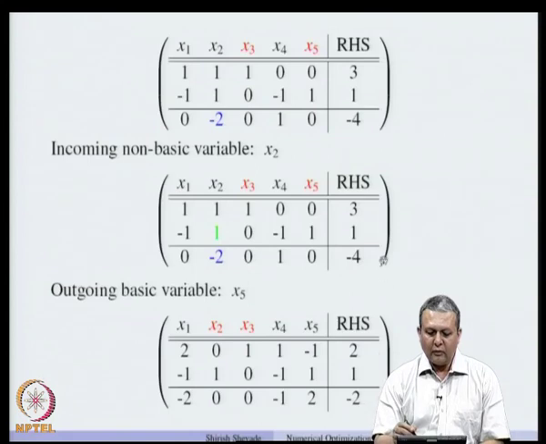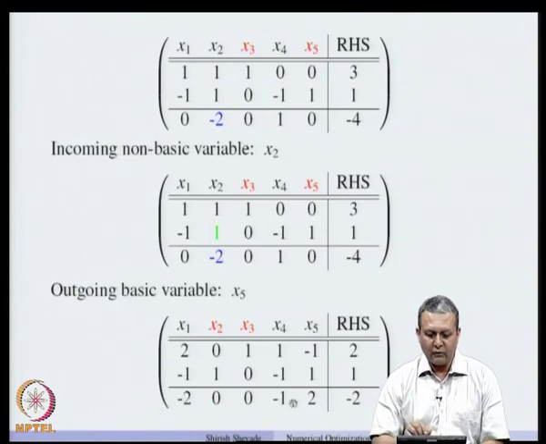Earlier the objective function value was 4, now it has come down to 2, and x2 and x3 are now basic variables.